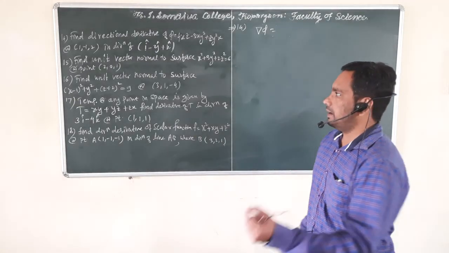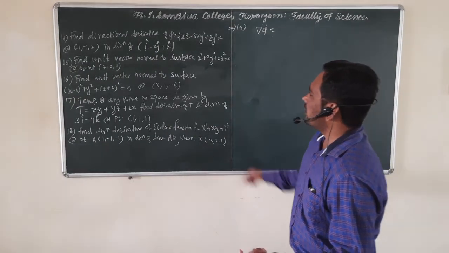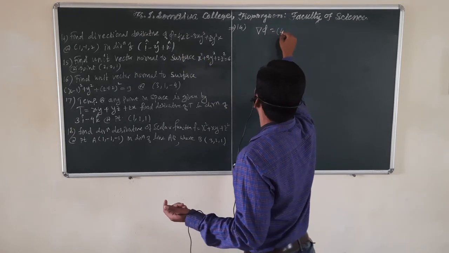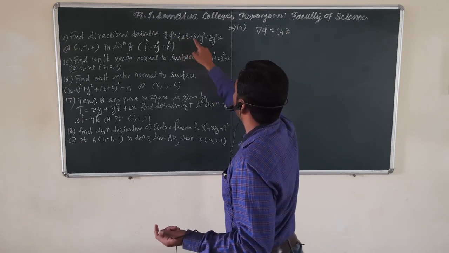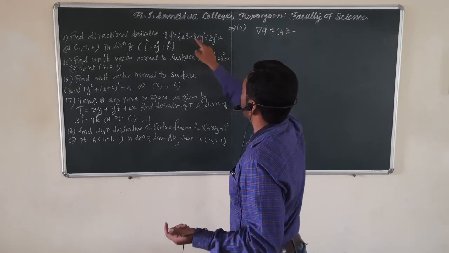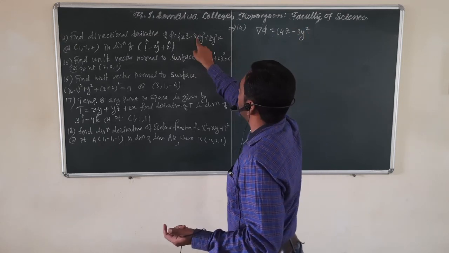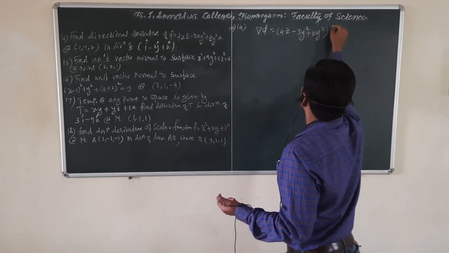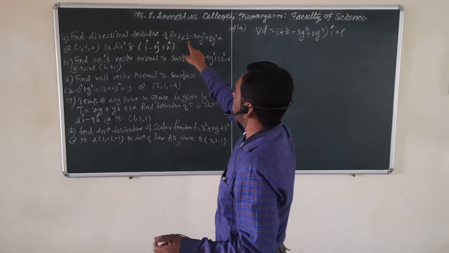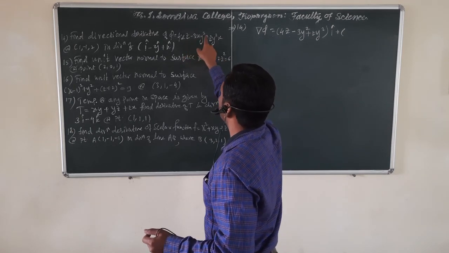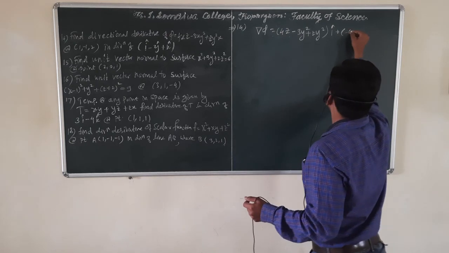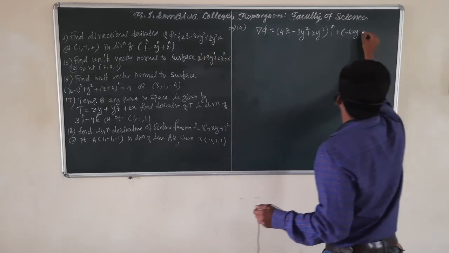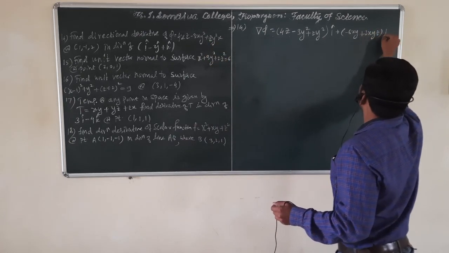I am going to write those terms directly. First the x coefficient: differentiating with respect to x, that is 4z minus 3y square plus zy square, into i cap, plus differentiating with respect to y, minus 6xy plus 2xyz, into j cap.